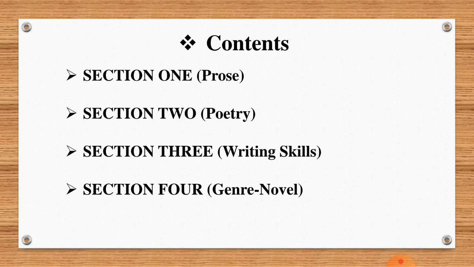The first section contains prose, that we call lessons. Then in the second section we have to discuss poetry. Then in the third section we have to focus on writing skills, and in the last section we have to study different novels.